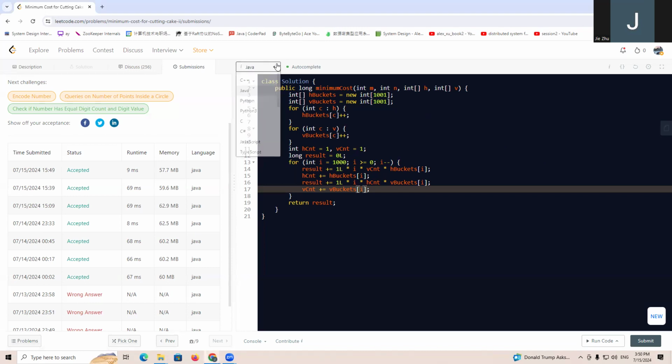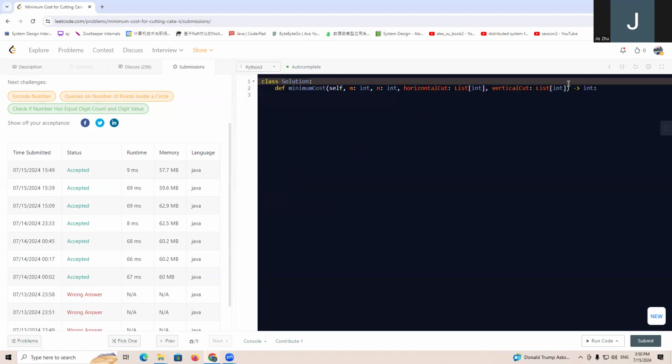Well, let's write Python code for this as well. So we'll have H bucket, V bucket equals first will be this one multiplied by 1001, and this one also multiplied by 1001.